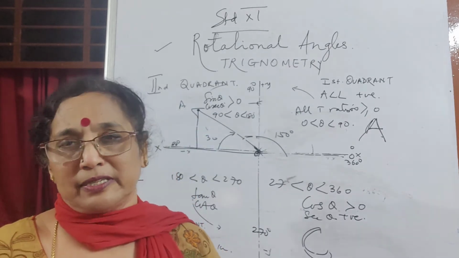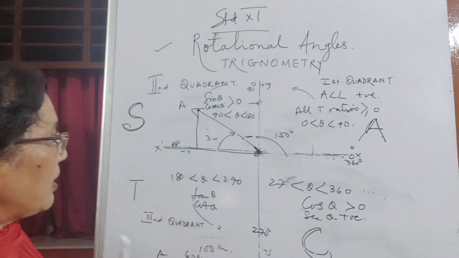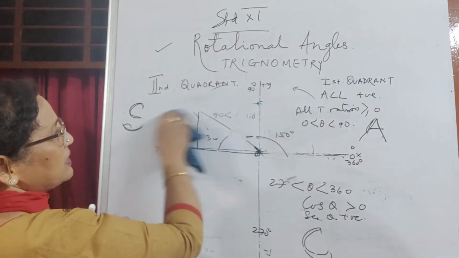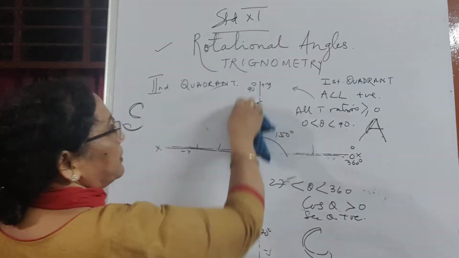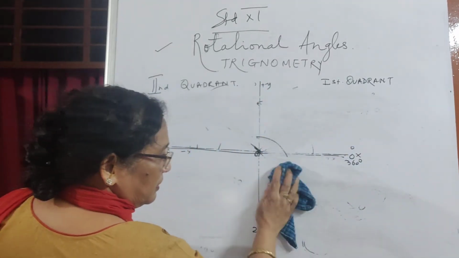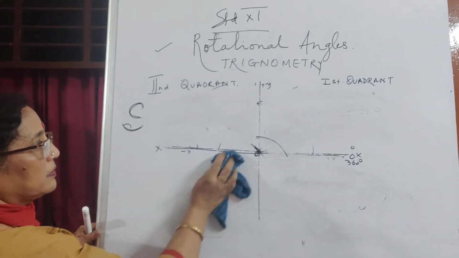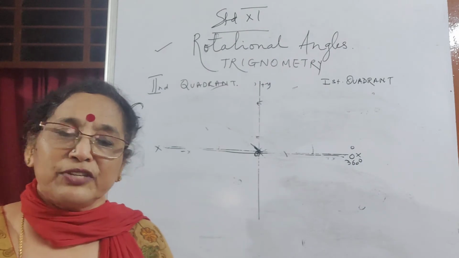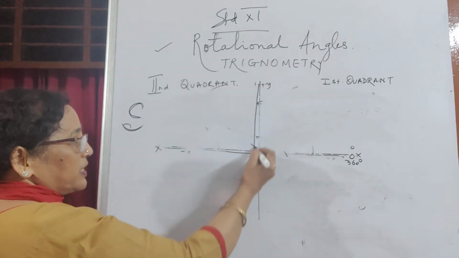That is why we are doing this chapter, right? So now I'm rubbing this. Now I'll tell you what are the angles in the first quadrant. So here, if you have not understood, you can stop my video and just see again what I'm trying to say.